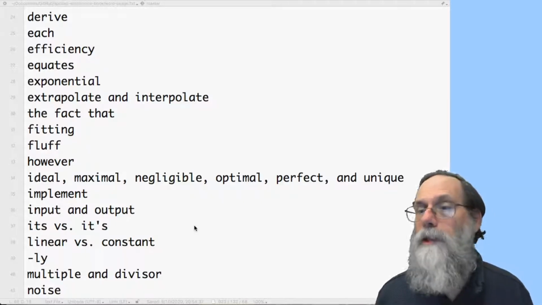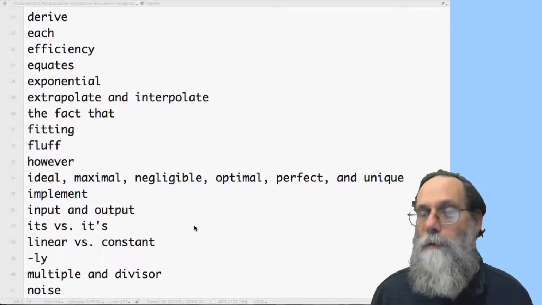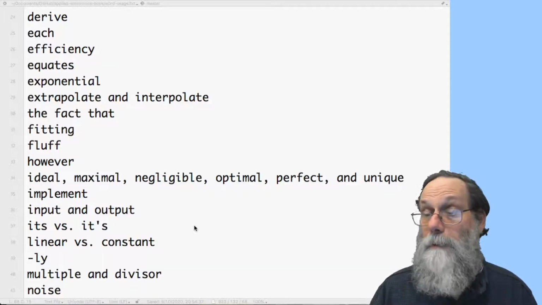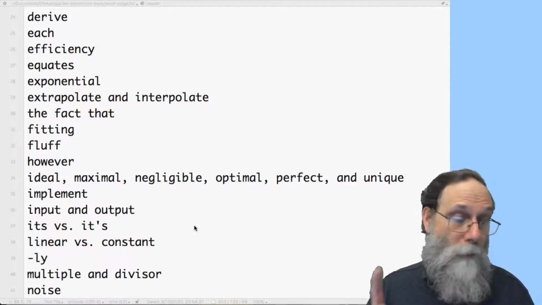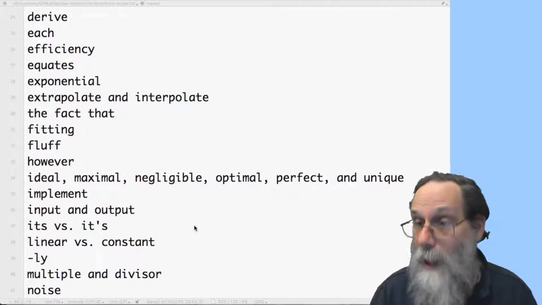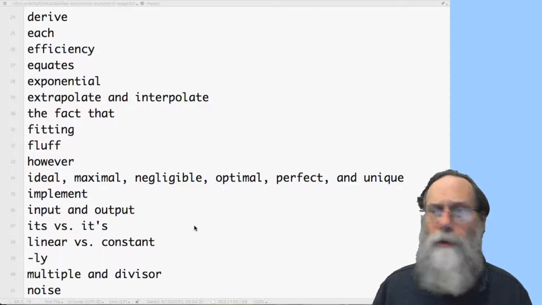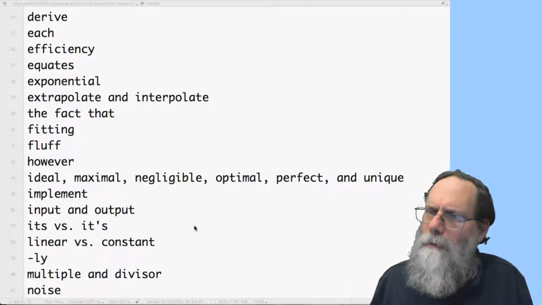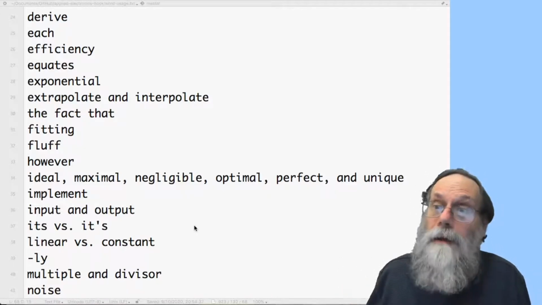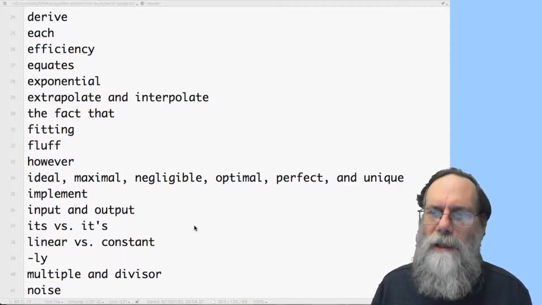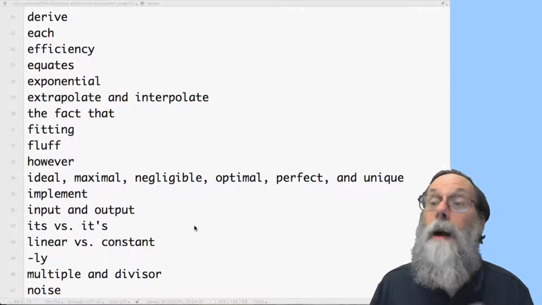The thermistor lab has a best choice of a resistor for picking it to be linear at a particular temperature, or for picking it to be as sensitive as possible at a particular temperature, and they're not the same value. So if you just say, this resistor is optimal, it says that this is best, but best in what sense? When you use optimal, always give the objective that you're optimizing for.